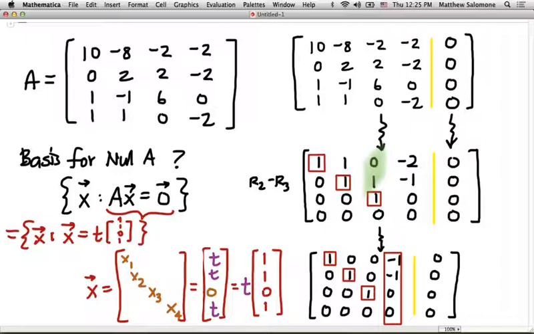What is the basis of that set? If I unpack this equal sign here, I can rewrite this as x is any multiple times that vector, 1, 1, 0, 1.